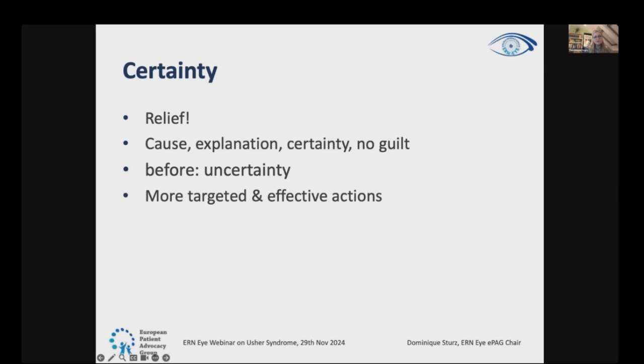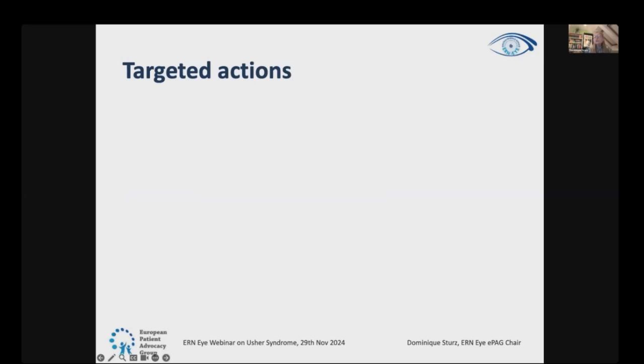Also, because when families know what they have to deal with, they can go over to more targeted and more effective actions. And let's look into those targeted actions and why this is so relevant and important to families, especially. Parents are responsible for their children.